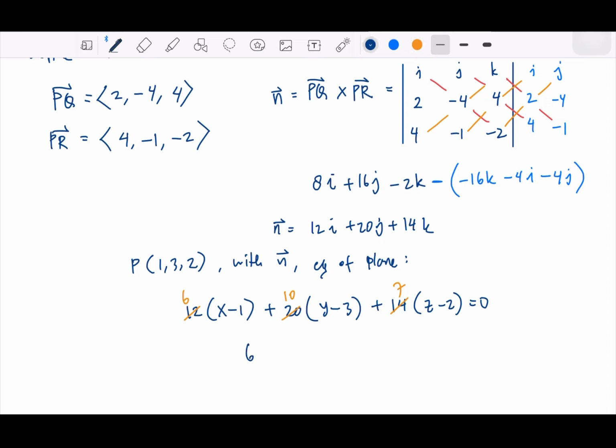So we will have 6x plus 10y plus 7z, and then negative 6, negative 30, 14, so this will be negative 50. Move to the right side, it's 50. So this is the equation of the plane.